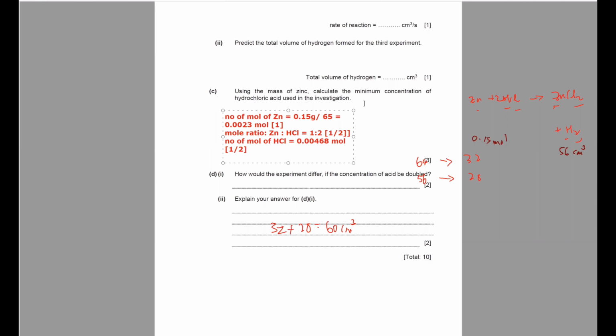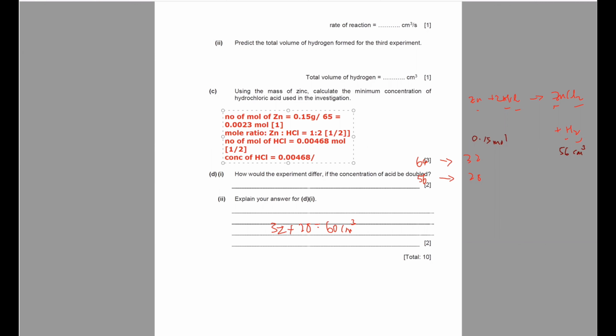Then after that, the concentration of HCl just means that you take the number of moles divided by volume. So the number of moles is divided by the volume.